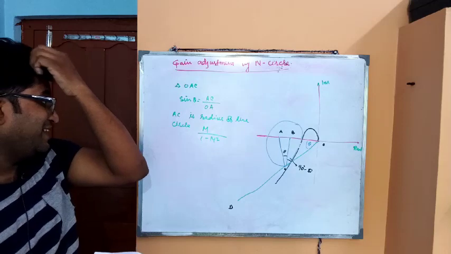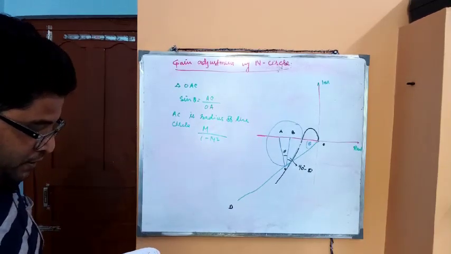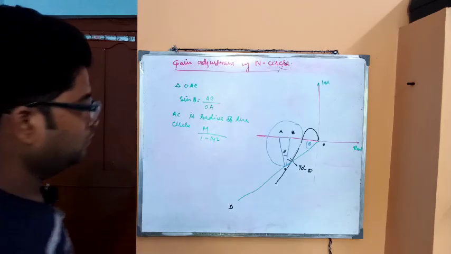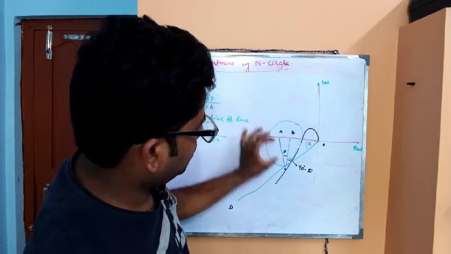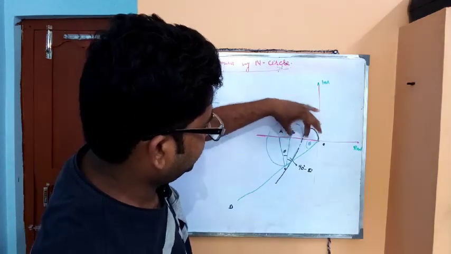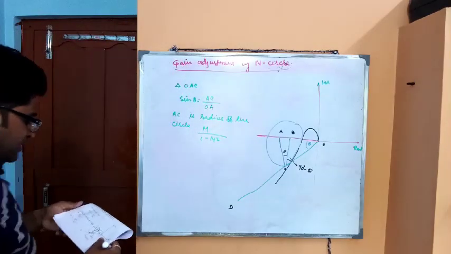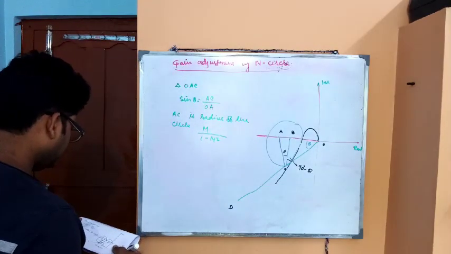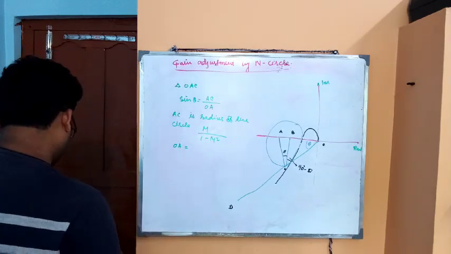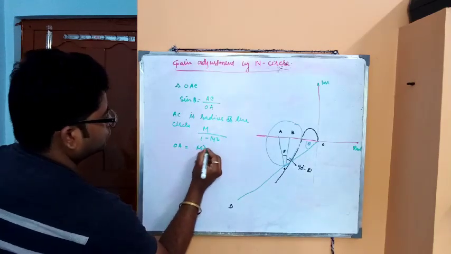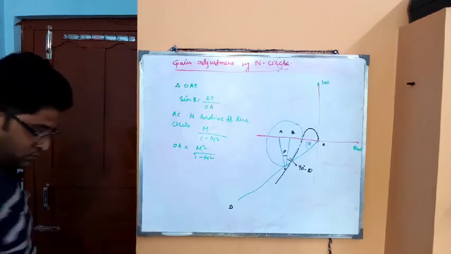So simply we can write like this. OA, if this is the radius, that means this one is also radius. So OA is equal to M square upon 1 minus M square.